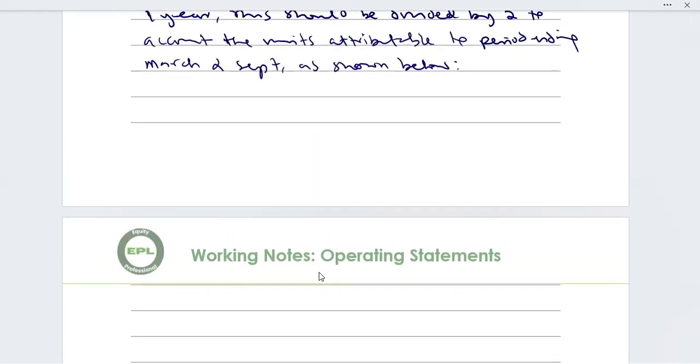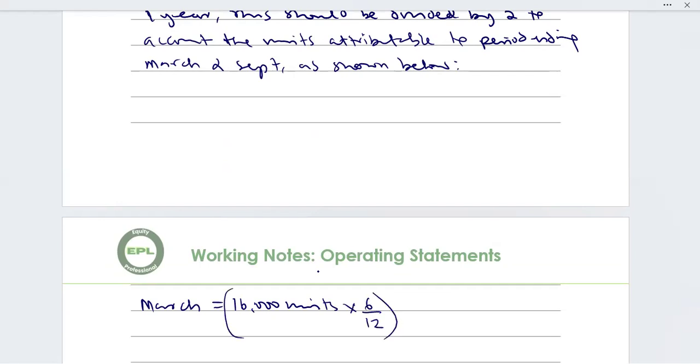Okay, then. For the period ending March, I would say 16,000 units divide by 2 or multiply by 6/12, whichever way you want to do it, it is the same thing.